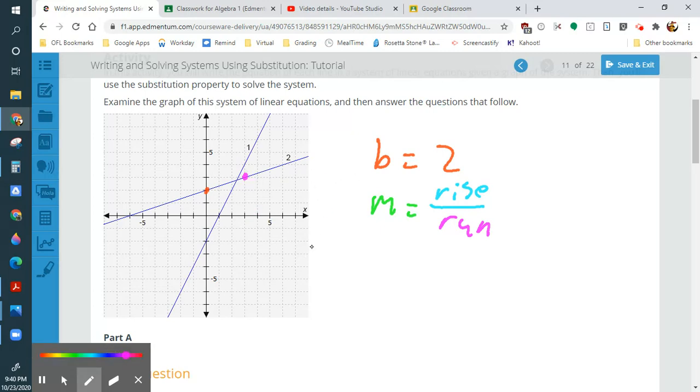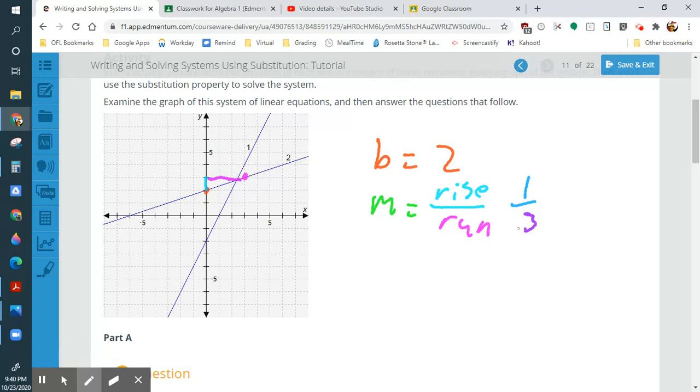So now that I have that, I figure out I have to go up 1 to get there. And then I have to go over 1, 2, 3. So my slope ends up being, my rise is 1 and my run is 3.